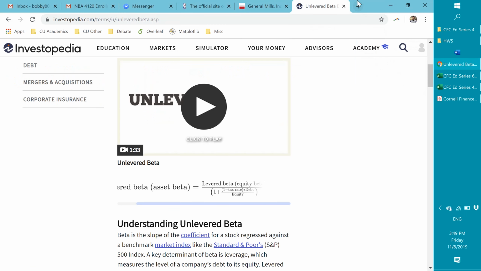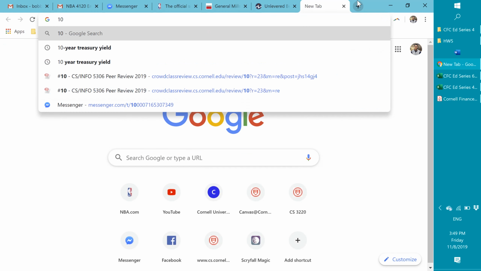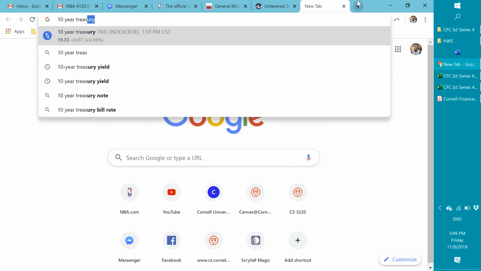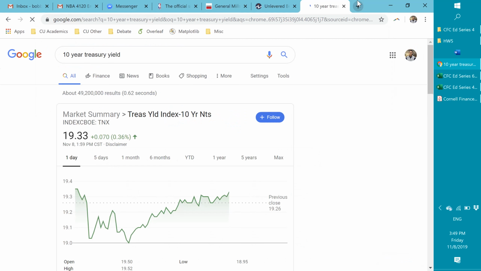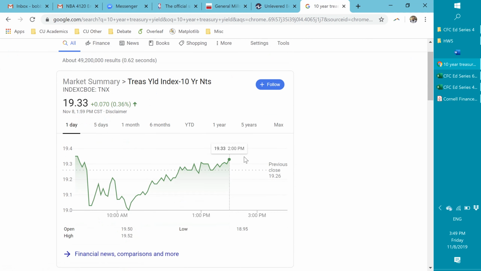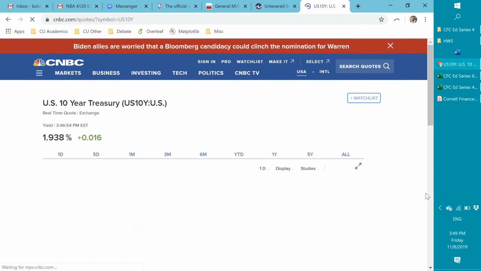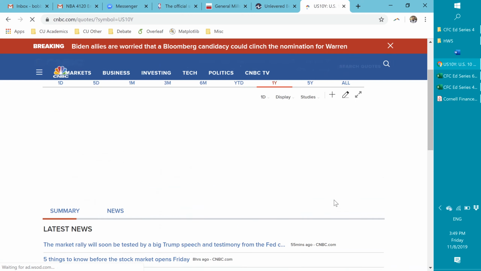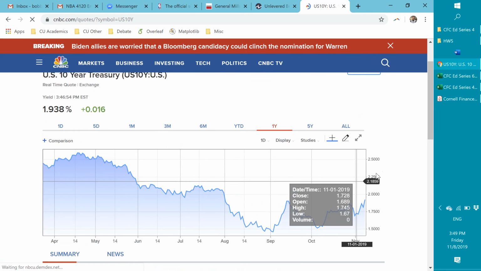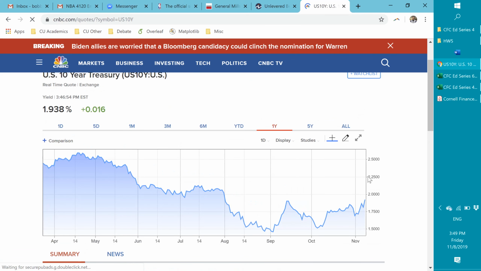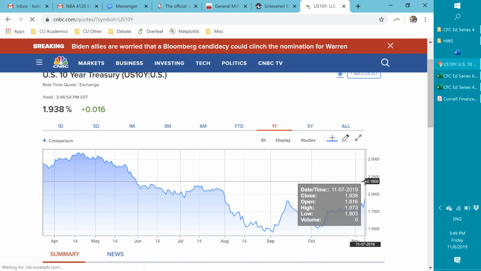And the reason the risk-free rate is 1.91%, if you Google 10-year Treasury yield, you can see that, okay, that's not it. So if you go to CNBC or some other site, this will tell you that the 10-year Treasury yield is around 1.921. Currently, it's something different.